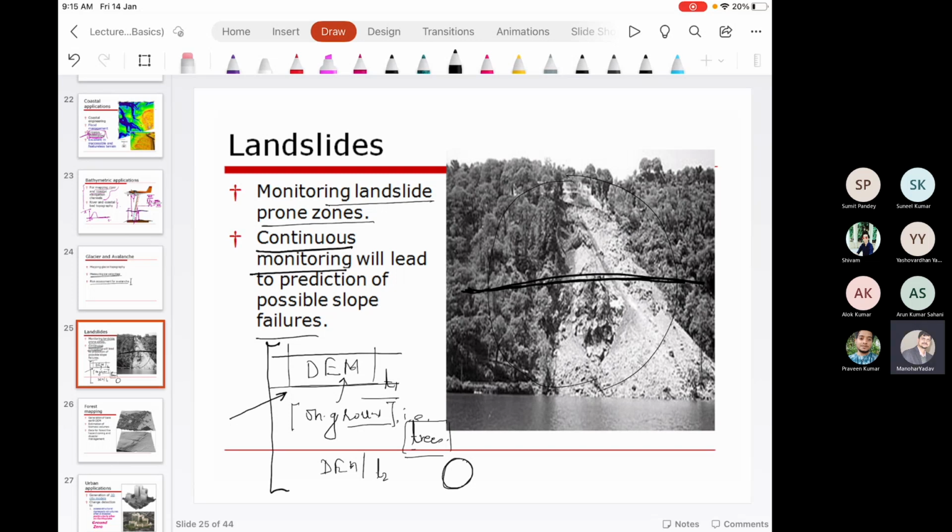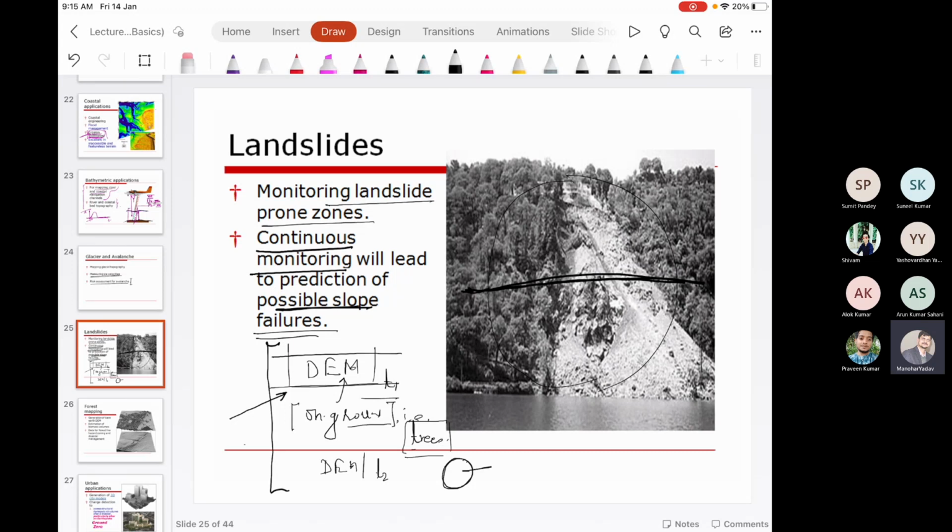On the basis of that change, you get the volume of material, the volume of soil that has been removed from there, and where it is lodged. On that basis you can estimate the change in the surface, and if that is measured, then slope stability can be estimated.